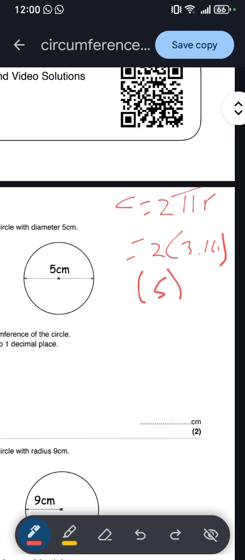I showed you that as an example. So they say put it into one decimal place, and I believe here my answer is 31.4 meters. No, centimeters, because they say centimeters. Guys, do not make that mistake, okay?